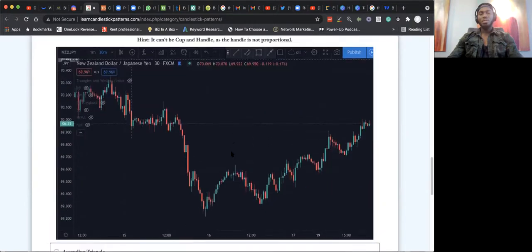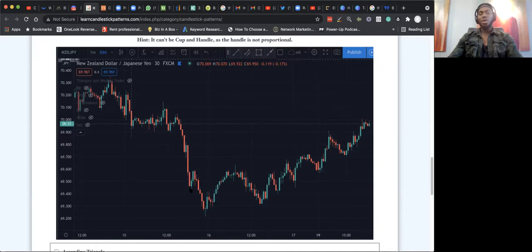Next pattern. In this pattern, we see a clear reversal of trends from bearish to bullish, but it hasn't quite broken that resistance line. But because it looks like an ascent, there's a clear channel that's formed here.